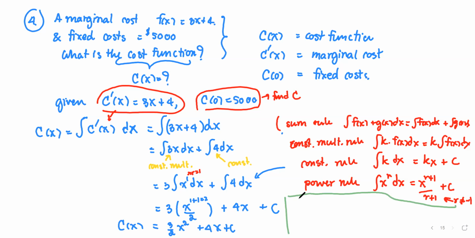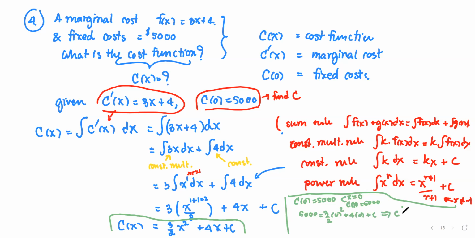The C at 0 equals 5,000. It means when x is 0, the C at 0, or C of x, is going to be 5,000. So we're going to replace it into the function that we just found from finding the antiderivative. That means the left-hand side is 5,000 equals 3 over 2 times 0 squared plus 4 times 0 plus c.